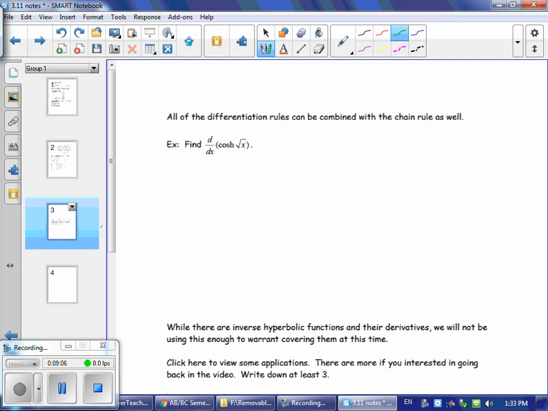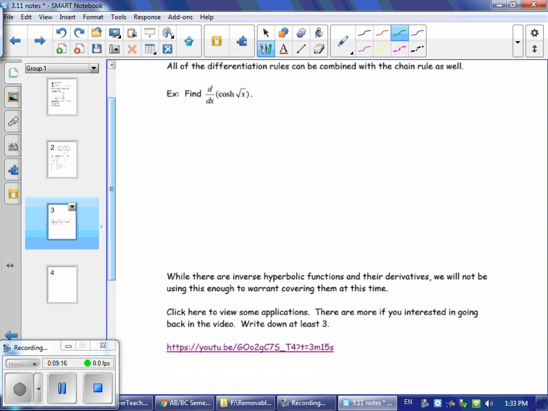All right, all the differentiation rules that we use can be combined with chain rules as well, so it's going to be pretty much the same idea as if it was in Calc 1. The derivative of cosh of square root of x: chain rule, you take the derivative of the cosh part first, which is going to be sinh square root of x multiplied by the derivative of square root of x, which is 1/2 x to the negative 1/2.